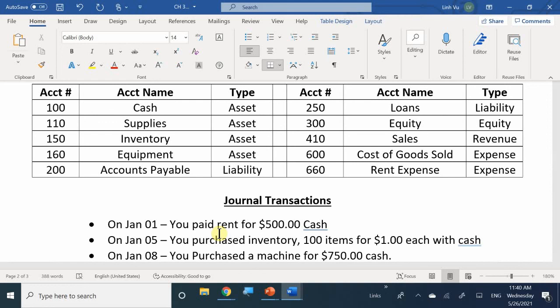Equipment. We purchased equipment because we bought a machine. Right? That means that machine is ours. You're not buying the machine to rent it, or in this case, if you are, I would be explicit in saying I'm renting out a machine. But in this case, I'm actually buying the machine.